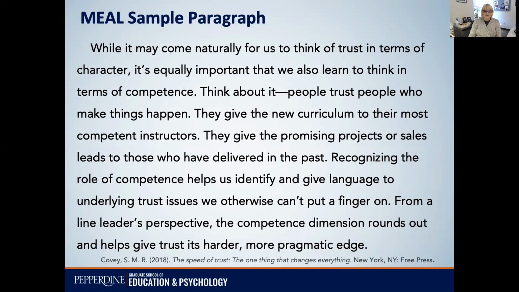So here is an example from a book called The Speed of Trust by Stephen Covey. While it may come naturally for us to think of trust in terms of character, it's equally important that we also learn to think in terms of competence. Think about it. People trust people who make things happen. They give the new curriculum to their most competent instructors.